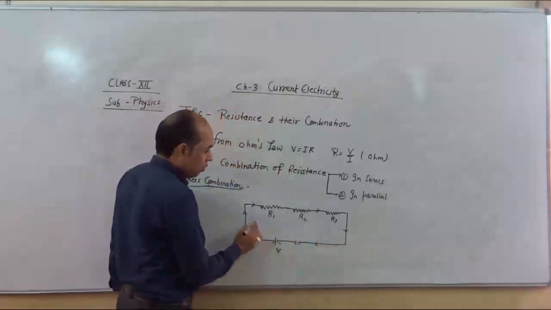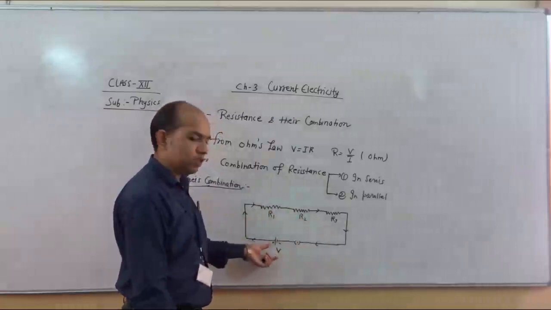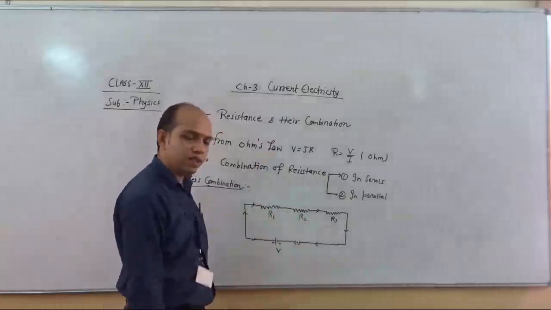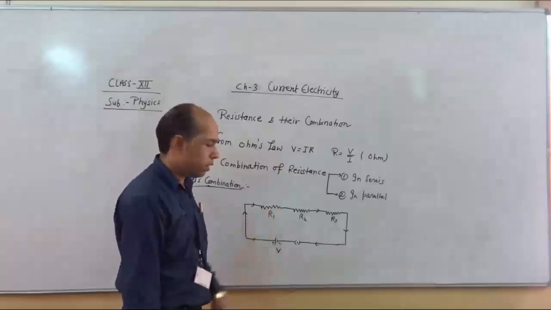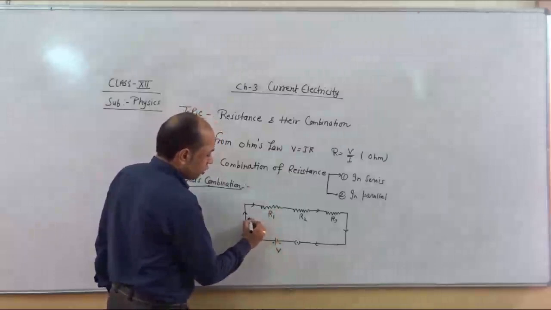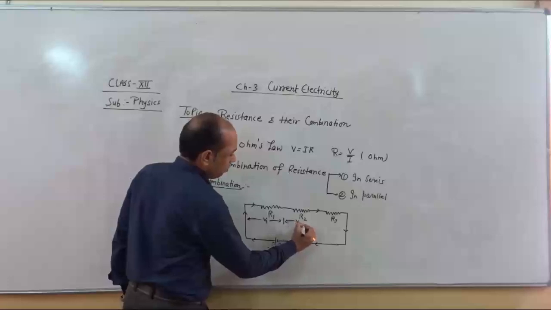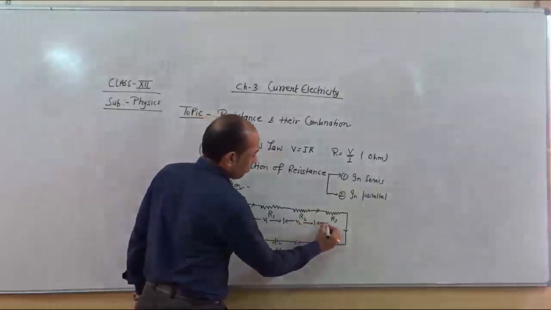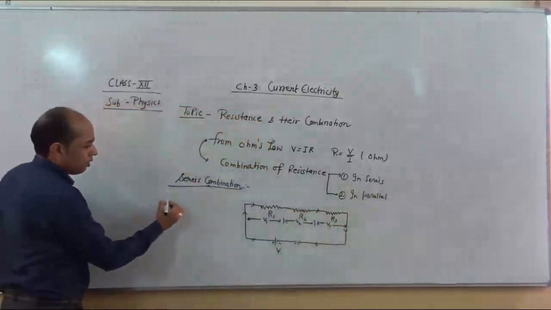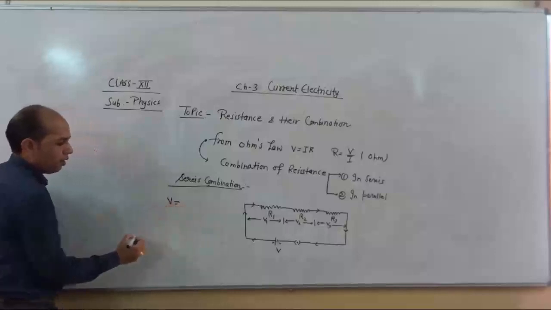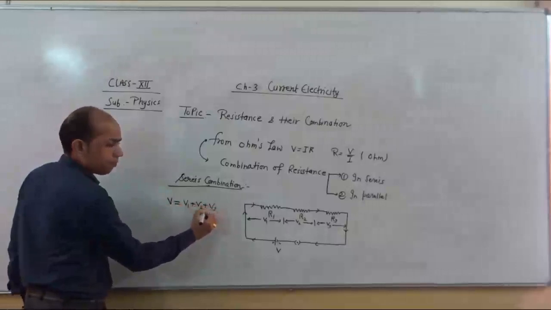So now this voltage V is split in three parts as per the resistances R1, R2 and R3, that is V1, V2 and V3. If there are only two resistances, then this voltage is split in only two parts. So this V voltage of the battery is split in three parts, V1, V2 and V3.